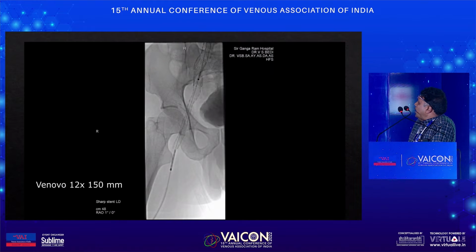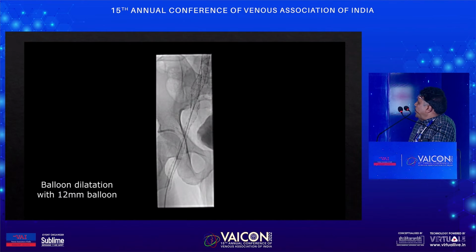So the whole iliac vein up to the SFV was stented, and then the remodeling of the stent.